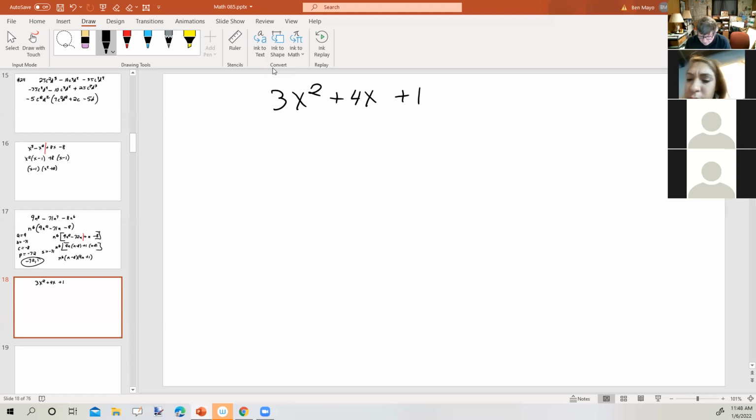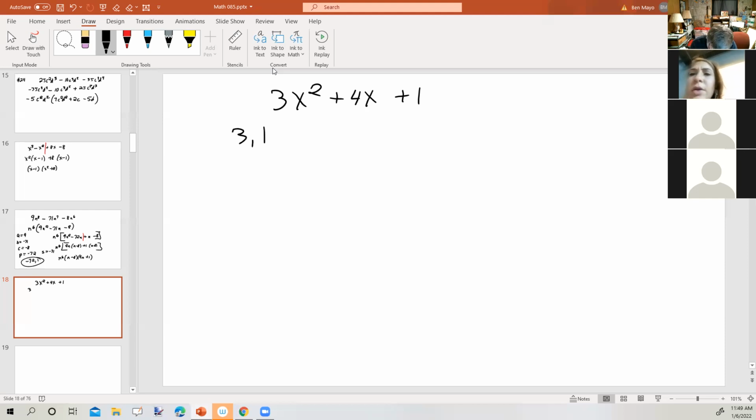So we start out the same. We have a trinomial in standard form. We take out any greatest common factor first. Since it doesn't have a leading coefficient of 1, we're going to use the trial and check method. What we need to do first is take the coefficient of the leading term, the 3, and write all factor pairs whose product is 3.